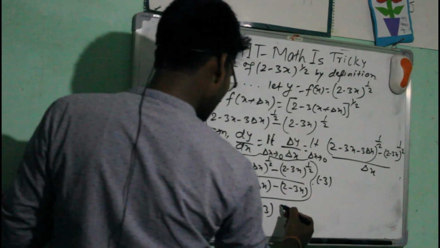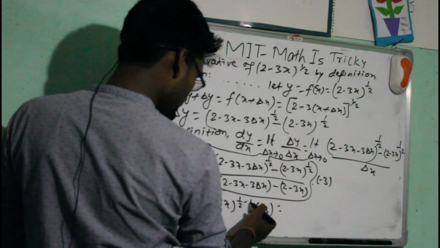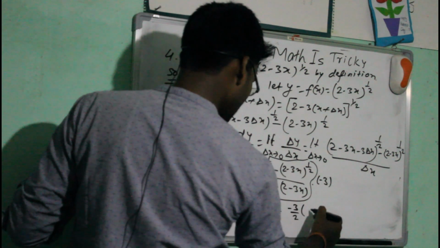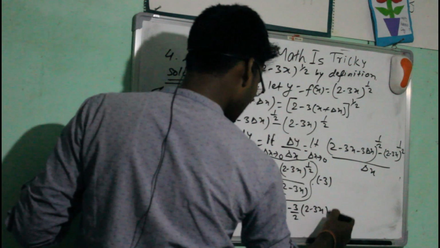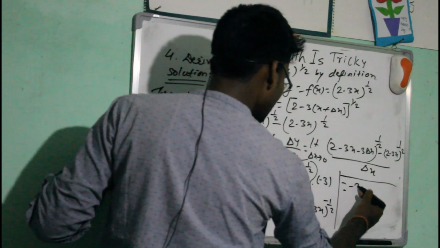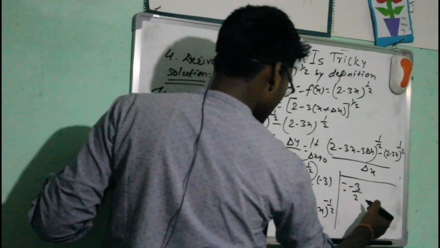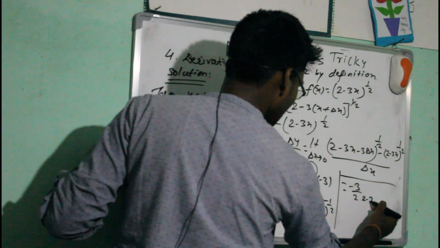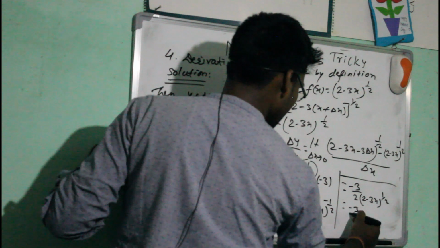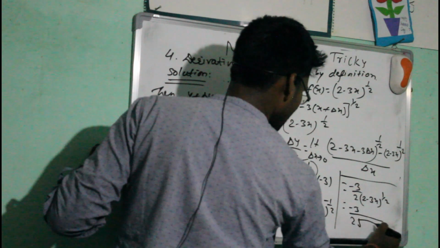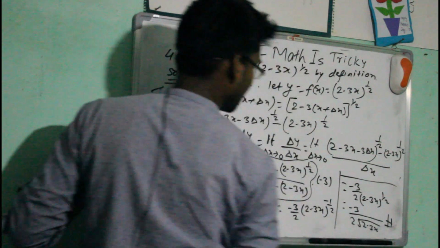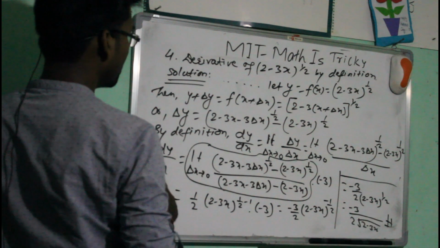Simplifying, 1 by 2 minus 1 is minus 1 by 2, so we can write minus 3 by 2 into 2 minus 3x whole power minus 1 by 2, which means minus 3 by 2 root 2 minus 3x. That's your answer. Hope you understood this.